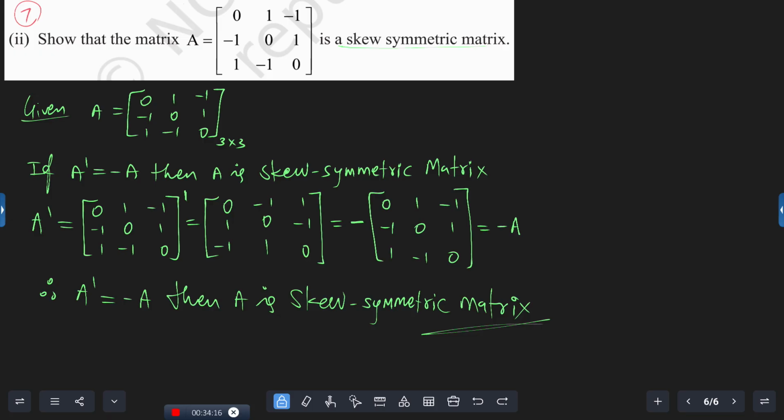Have you written it in a single line? Good. Minus A down. Equal to minus A.